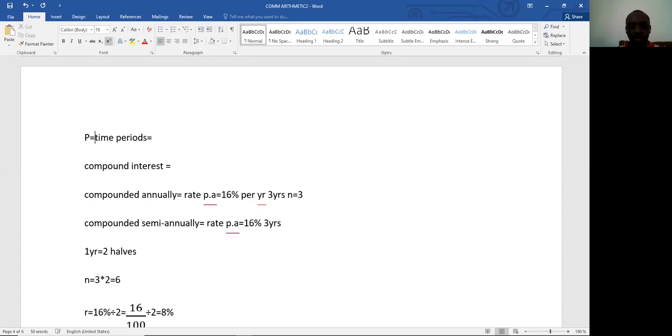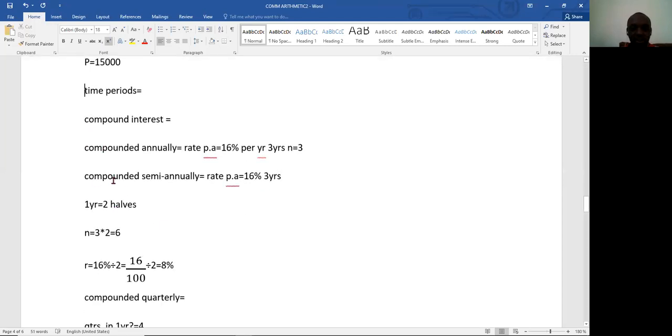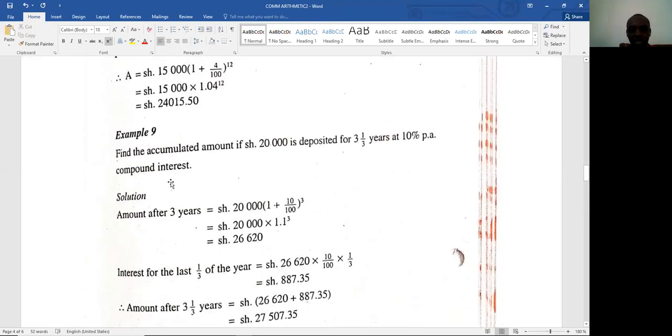So let's say you are investing, in this example, a principal equal to 15,000, as in all these examples. The equation will look like this.